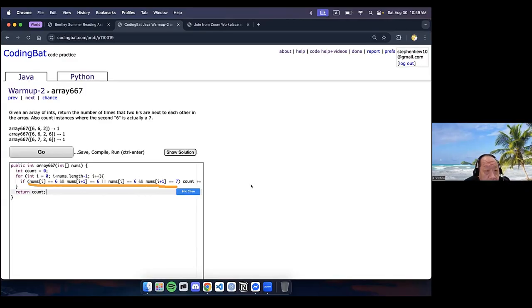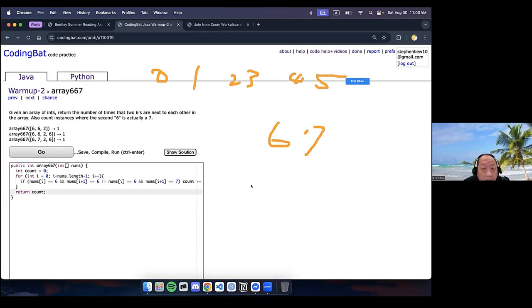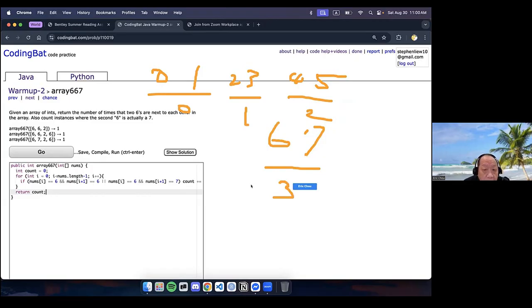You need to check it's actually nums[i] equals 6, and then the second number is a 6 or 7. Okay, so you have 0, 1, 2, 3, 4, 5. So this one divided by 2 equals 0 is 1, 2, 3. So basically, this one you actually do not need to repeat this.